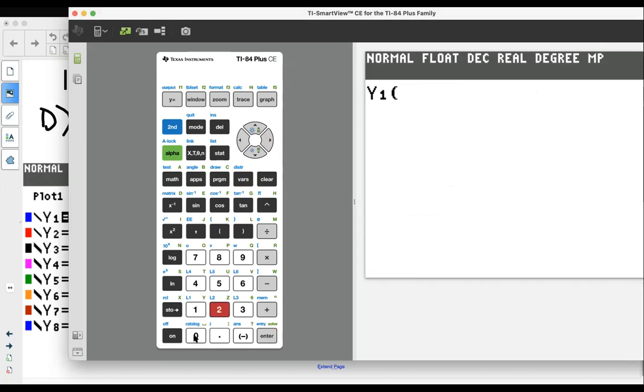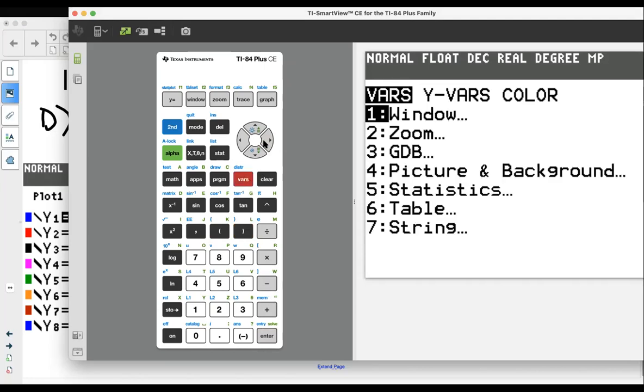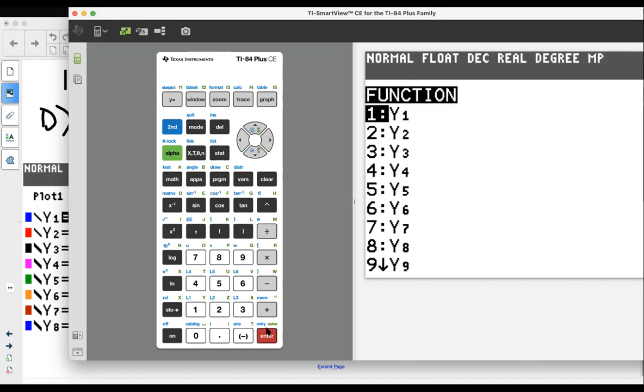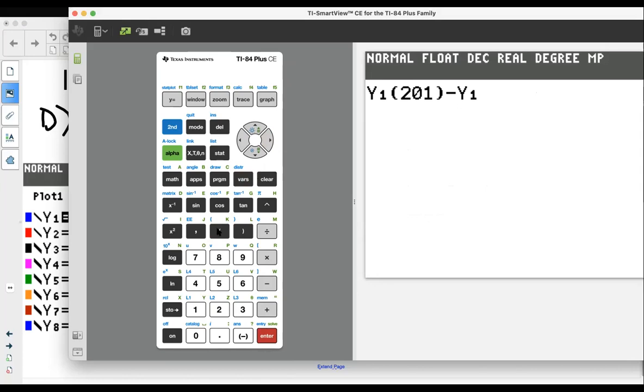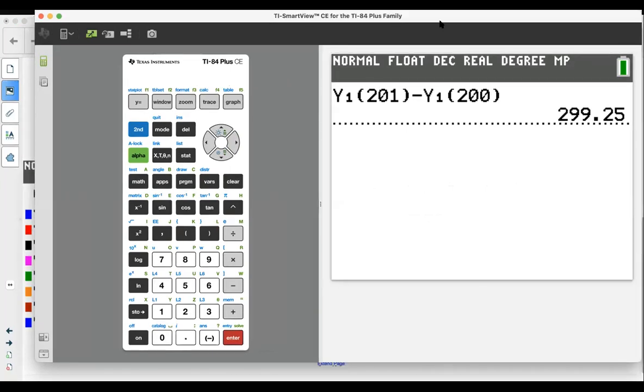It was 201, minus. Same thing: Vars, Y-Vars, Function, and Y sub 1, and then 200. And then it gets us 299.25.